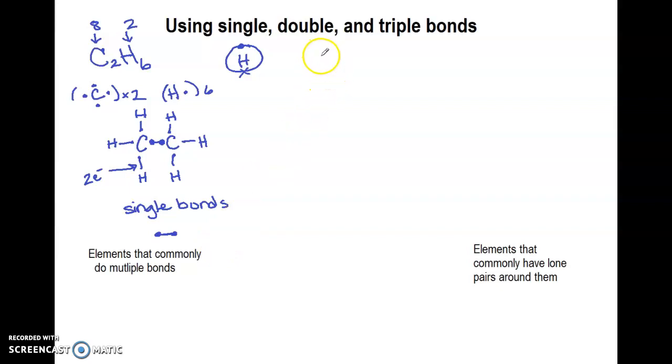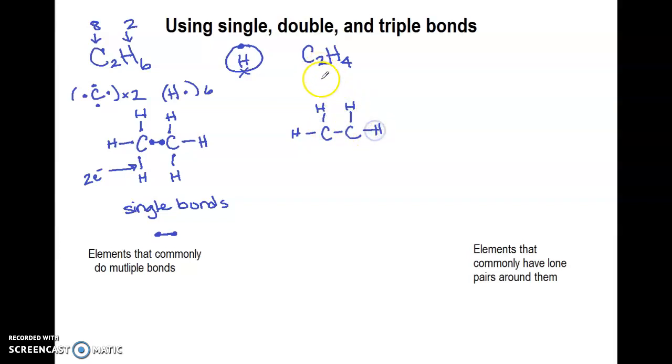Now, what if I try to draw the Lewis structure for a chemically related compound, also made of carbon, but it happens to have fewer hydrogens? You might notice we're going to have a problem if I bond my 2 carbons together and put a hydrogen on each of them, like I was before.